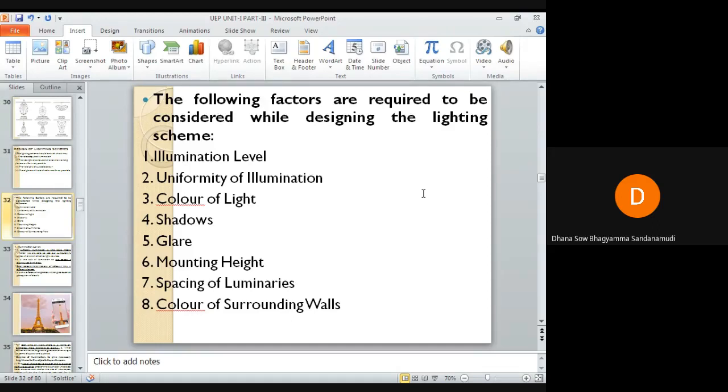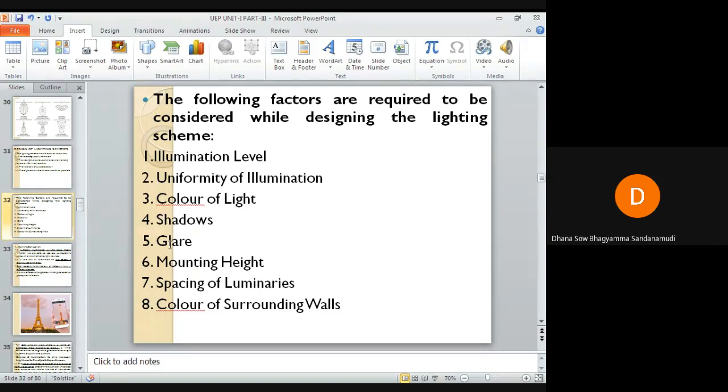Those factors are illumination level, uniformity of illumination, color of light, shadows, glare, mounting height, spacing of the luminaries, and color of the surrounding walls. Illumination level is to be considered while designing a lighting scheme. Uniformity of the illumination in a particular room or area. Color of the light is also important.